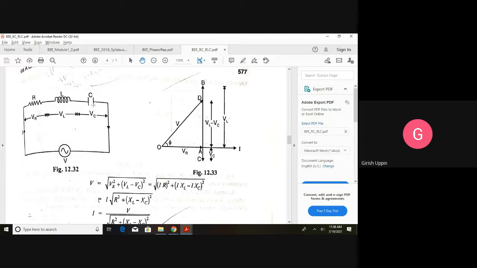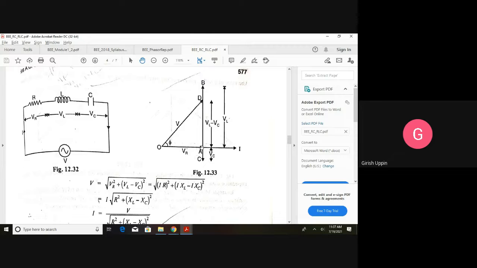And in case of a capacitance, current leads the voltage by 90 degrees. So you can see AC is nothing but the voltage VC. Now you can see this is VC and this is I. Current is leading the voltage by 90 degrees.